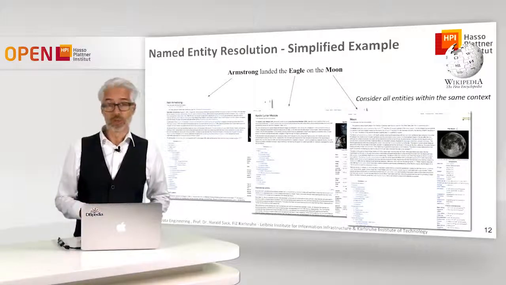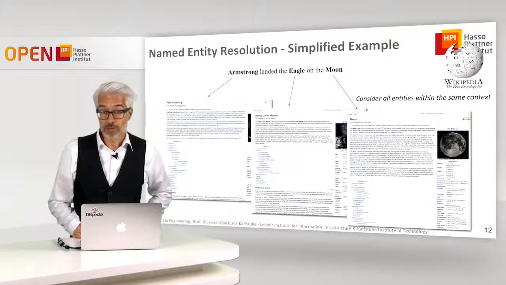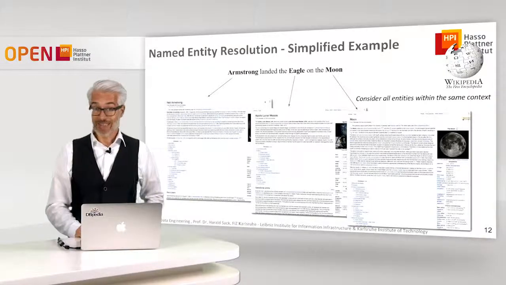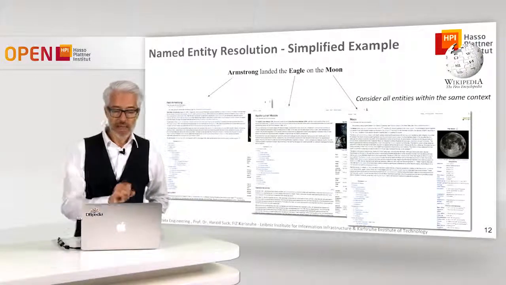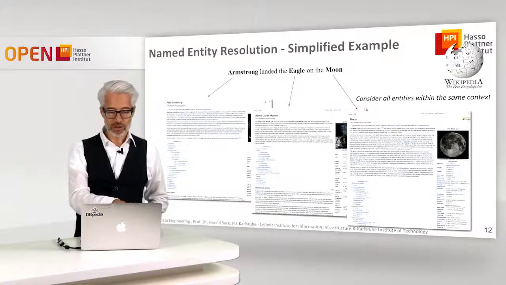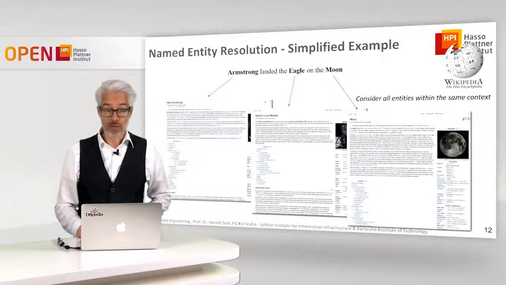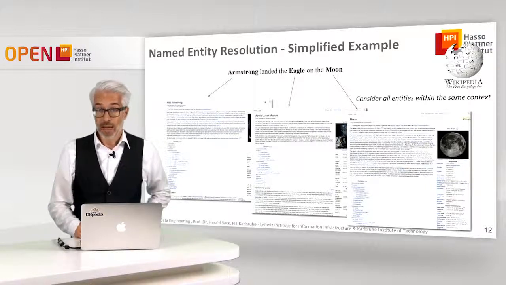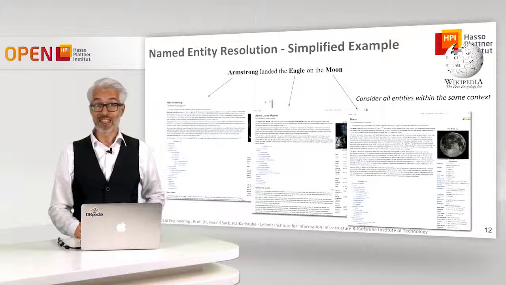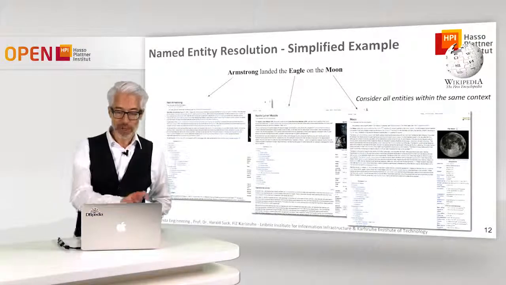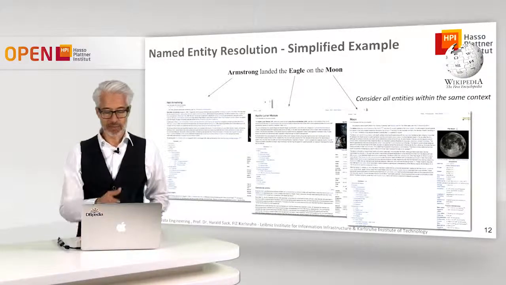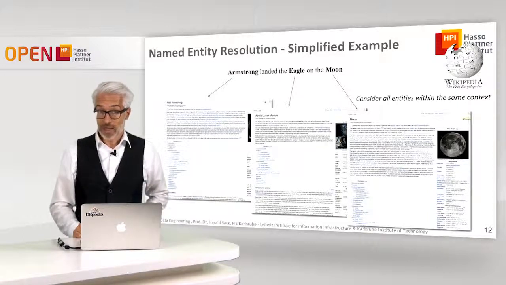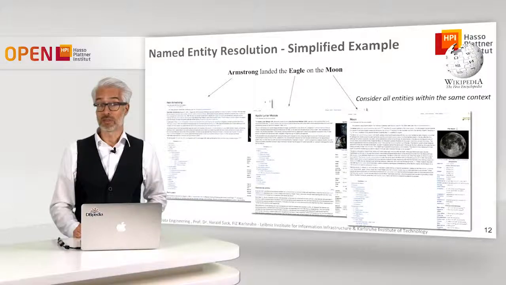So what you can do, what is a simple statistical solution for that, is simply look in all of these Wikipedia article texts how often Neil Armstrong, for example, is referred to in the Apollo lunar module, or how often Neil Armstrong is referred to in the article of the Moon. And compare this to how often Lance Armstrong is mentioned in exactly these articles, in Apollo lunar module and in Moon. I bet that Neil Armstrong occurs more often.